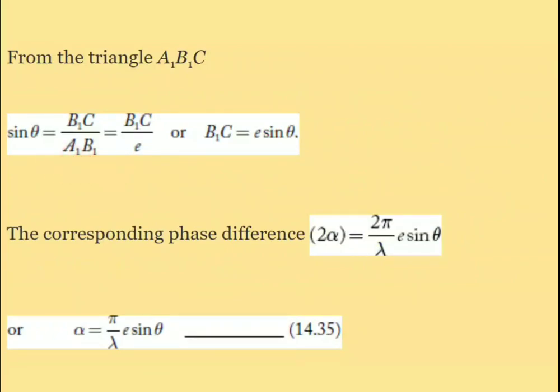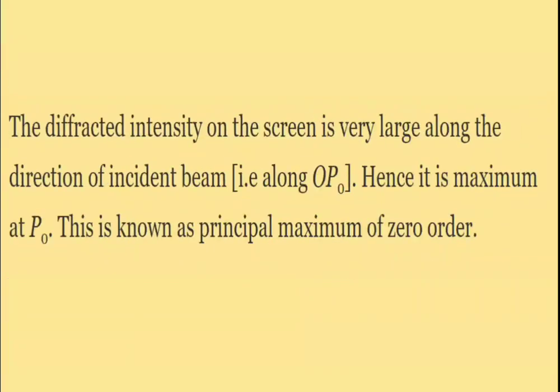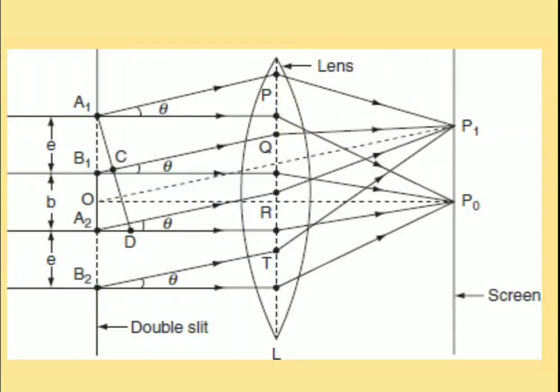Here the opposite side is B1C, and C is a perpendicular, so the side opposite the perpendicular is known as the hypotenuse. So in this triangle A1 B1 is the hypotenuse.